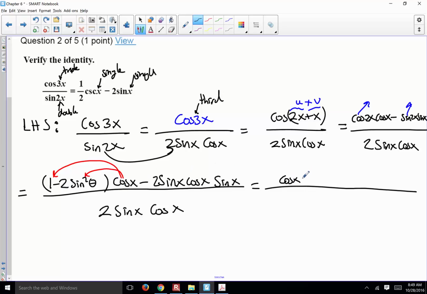And you have minus 2 sine squared x, and cos x. Oh, wait a second. These two are the same, right? Can we make a square out of them? Minus 2 sine squared x cos x and 2 sine x cos x, correct?